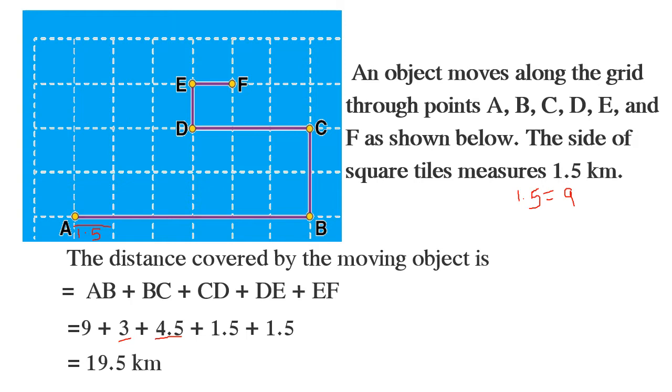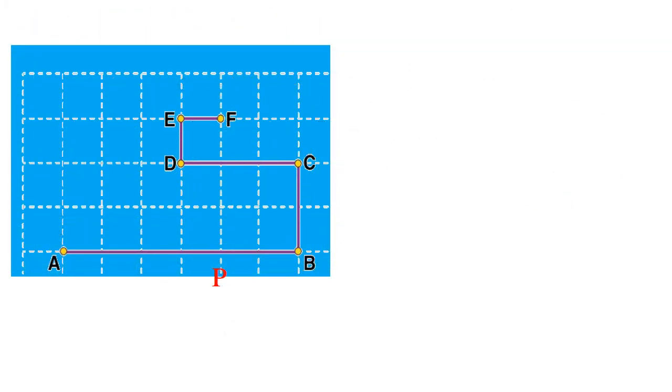Okay. Now this moves along the grid. This is the distance traveled by an object from A to F. Now let's find out the displacement. For displacement, we have to take A to F, which is the minimum distance.